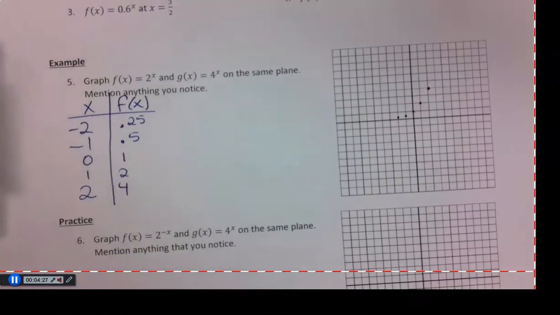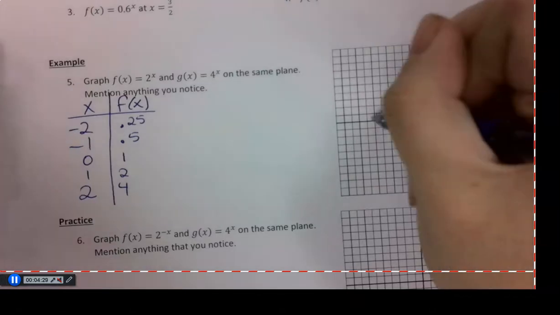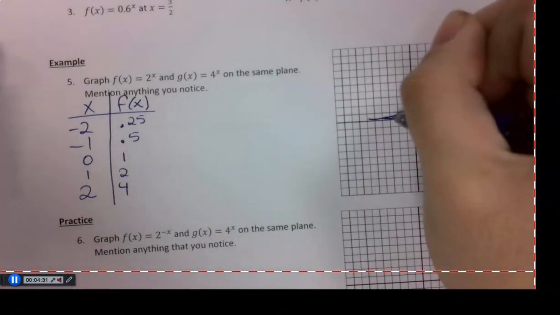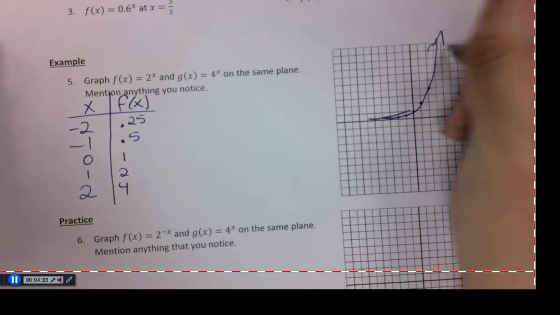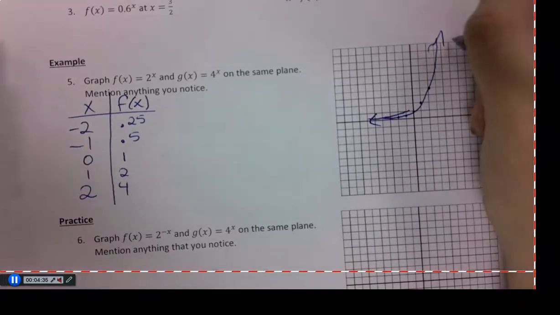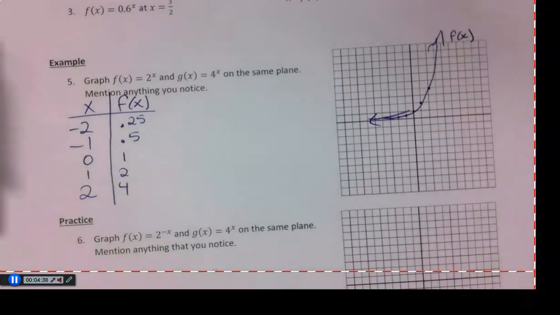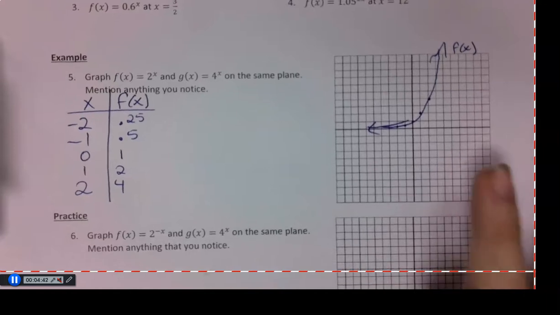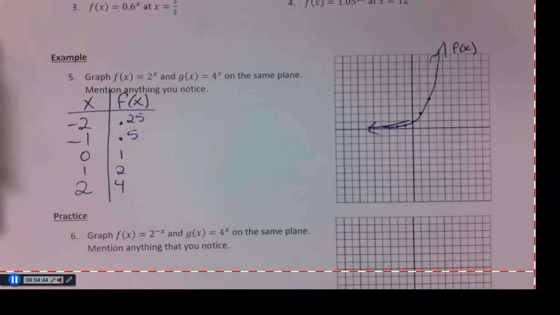Then, once I plot my points, I want to connect them. Then I want to label this f of x because I have to put g of x on the same graph. Okay, so then I want to do the same thing for g of x.